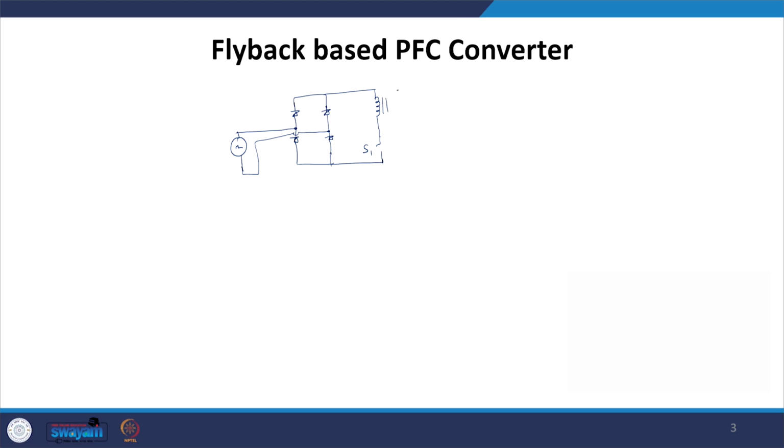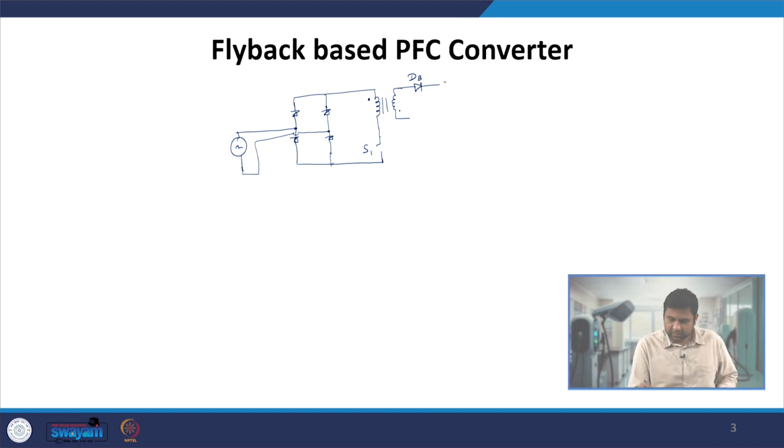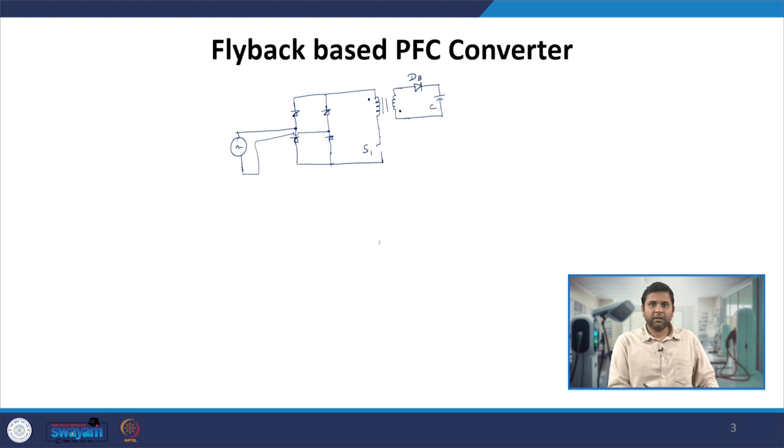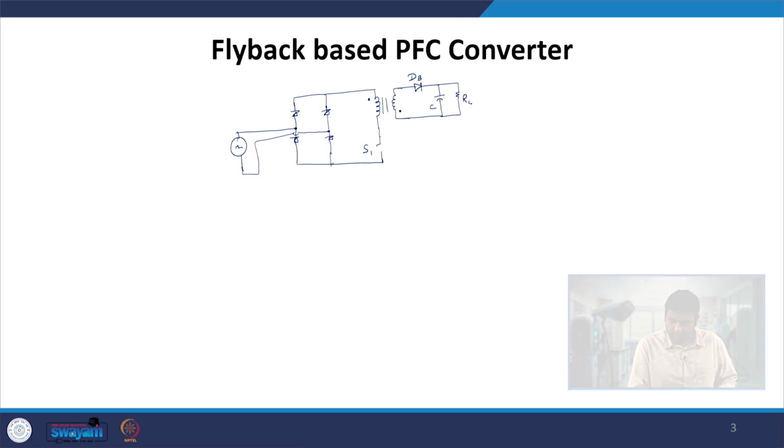This inductor is wound on a core having another winding whose dot polarity is arranged in the manner shown over here, followed by a diode DB, then a capacitor C, and finally a load resistance RL.